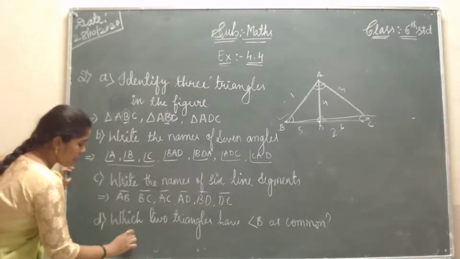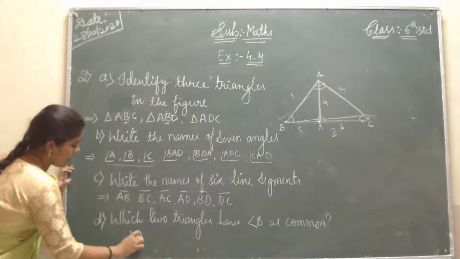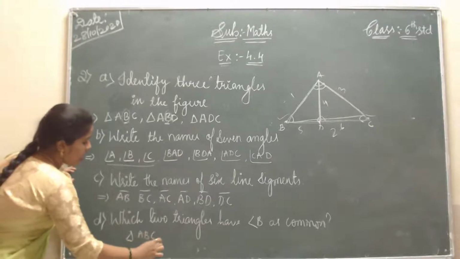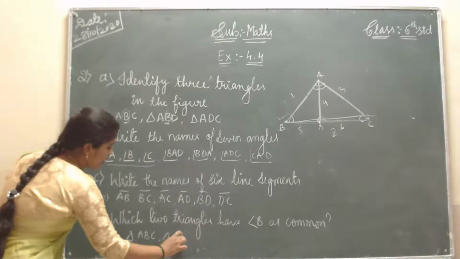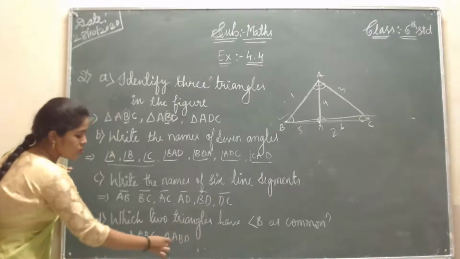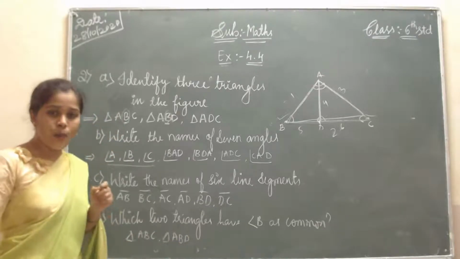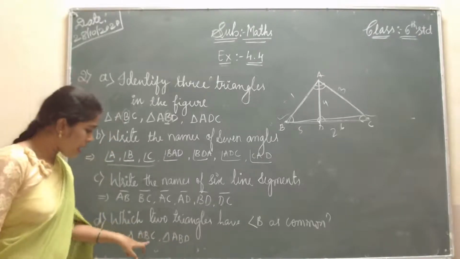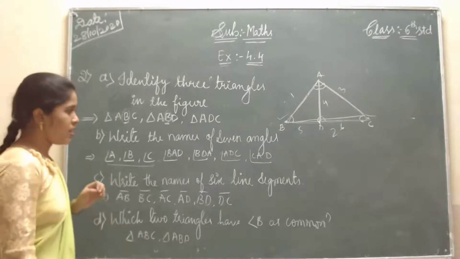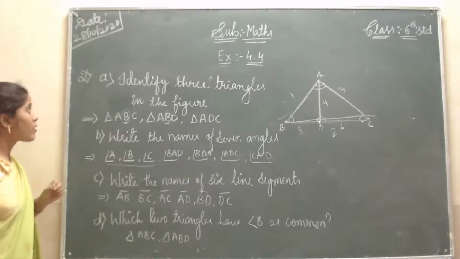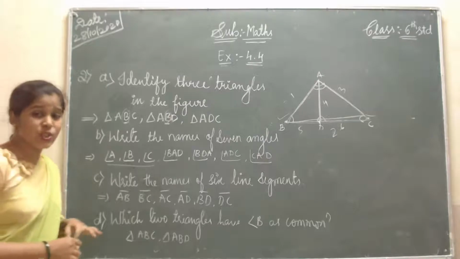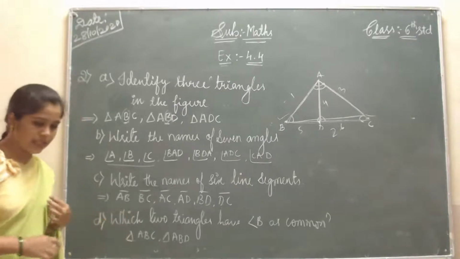So we have to write triangle ABC and triangle ABD. In these two triangles, B is a common angle. Understood? So this is the second question and the last question of this 4.4 exercise.